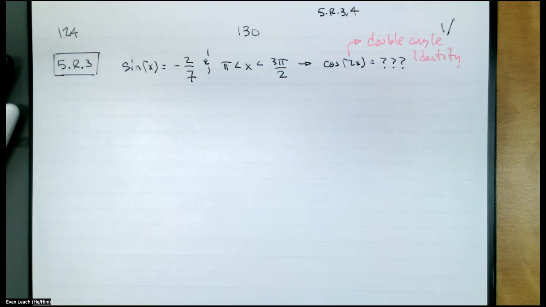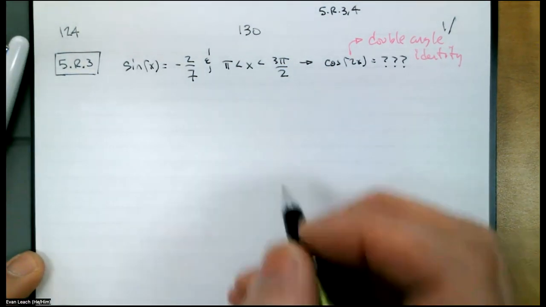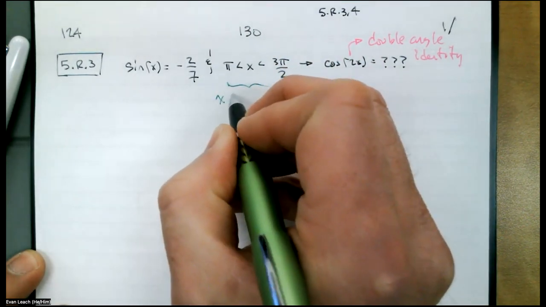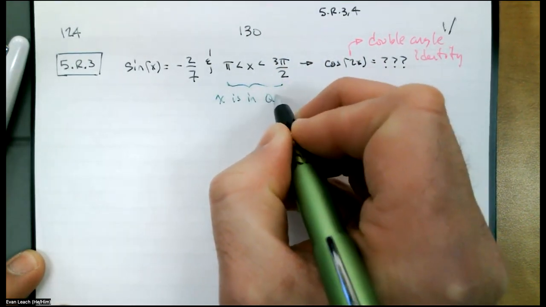What we're being told here is that x is sitting in the third quadrant. So this piece of information tells us that x is in quadrant 3.